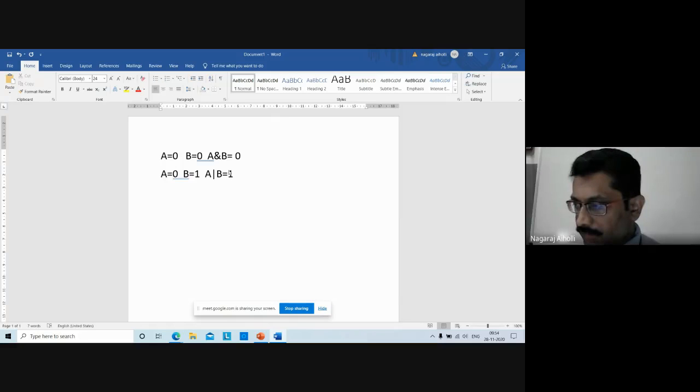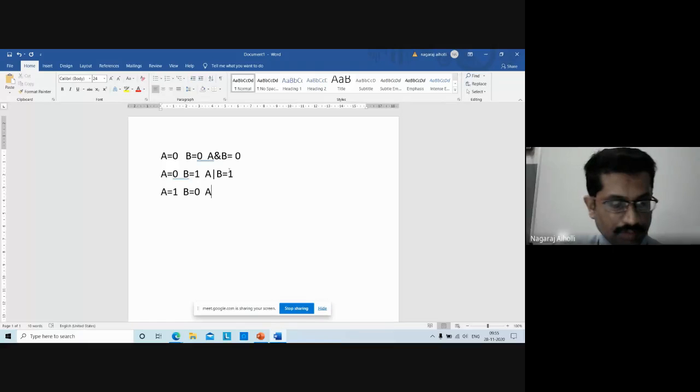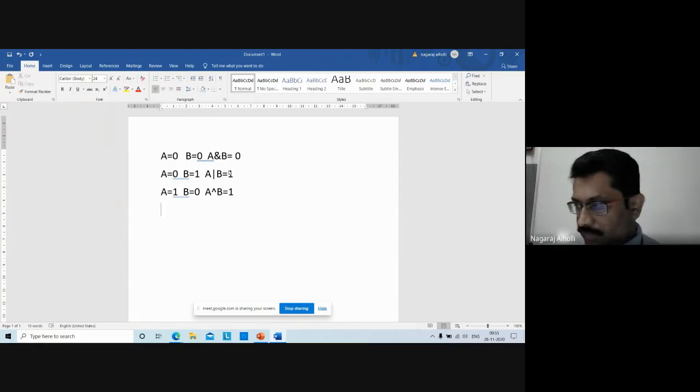Then next example for the XOR gate, let us consider A as 1 and B as 0. Then the operation of XOR on A and B, A XOR B, that is 1 XOR 0, is how much? 1. 1 XOR 0 is 1. The next one, the NOT operation or the inverter operation.